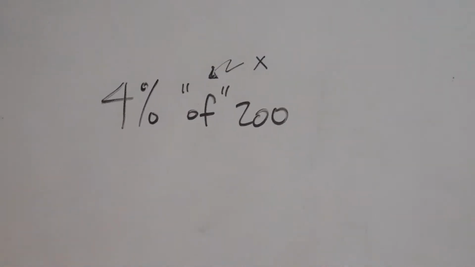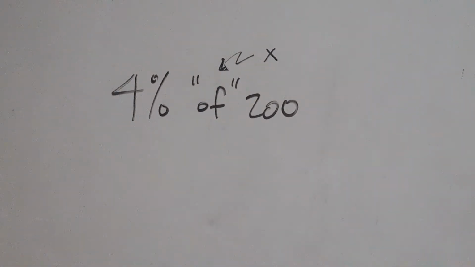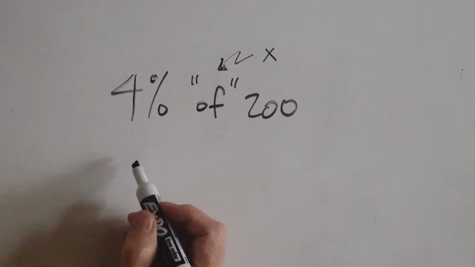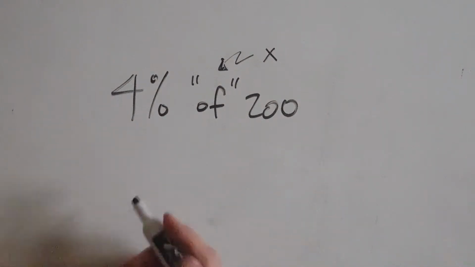So 4% of 200 means we're going to change the 4% into a decimal number and multiply it by 200. And the way that we change a percent into a decimal is we divide by 100.